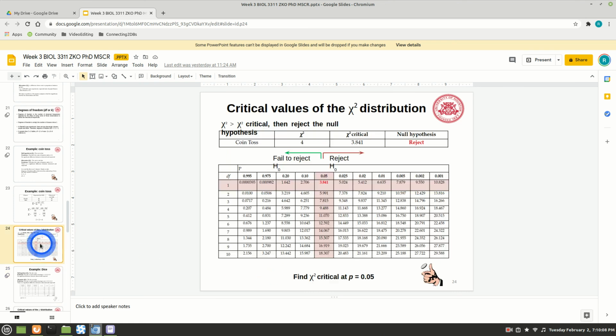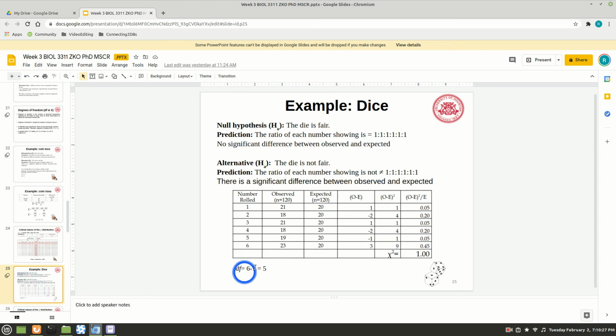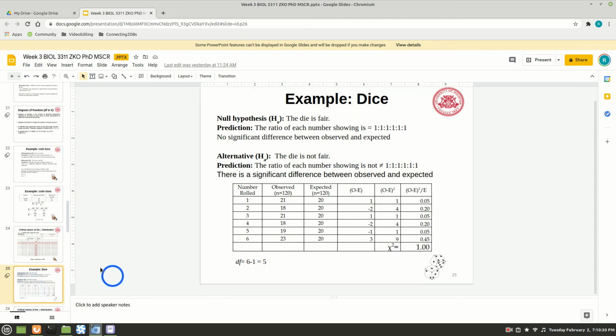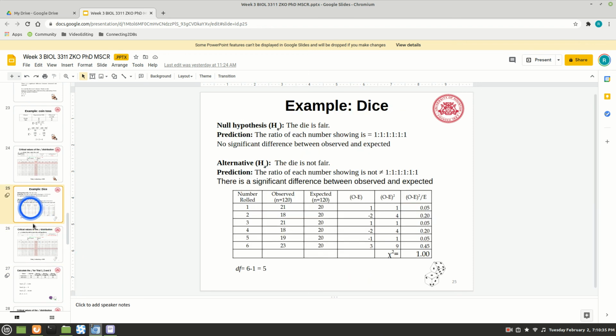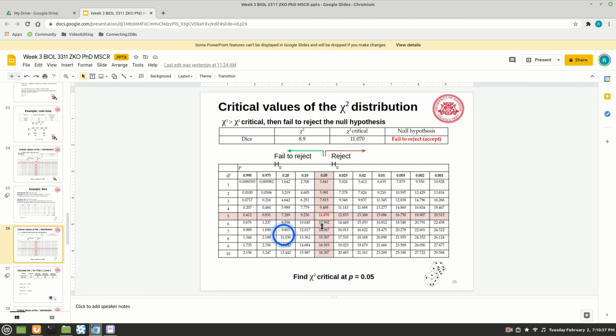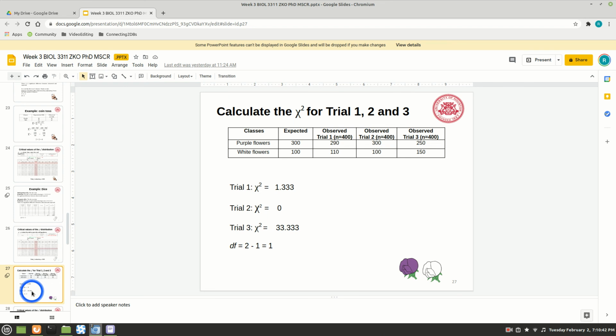So if you go back on 5 degrees of freedom, that would be looking down here. If we use the same critical point, we would be here at 11.07. That means we could go a lot higher and still not reject the null. Be careful. The wording will just drive you crazy here. It's one of the reasons this is considered difficult, because you have to be very clear on the wording. And yes, as you can see, they show just like I did, 11.07 is where you would go.